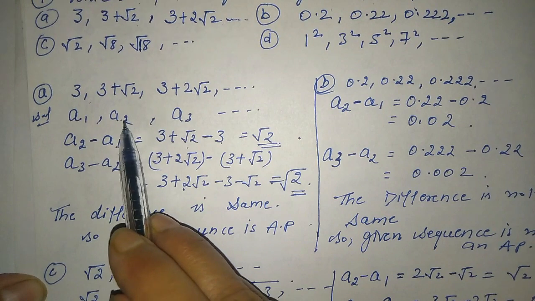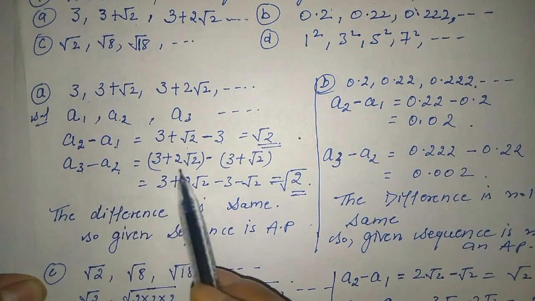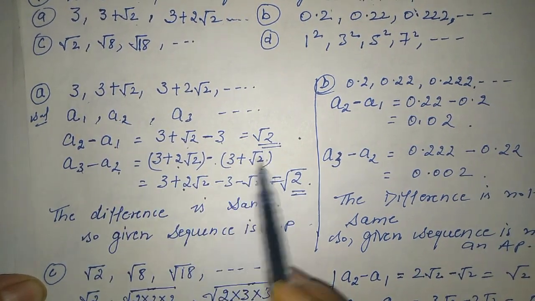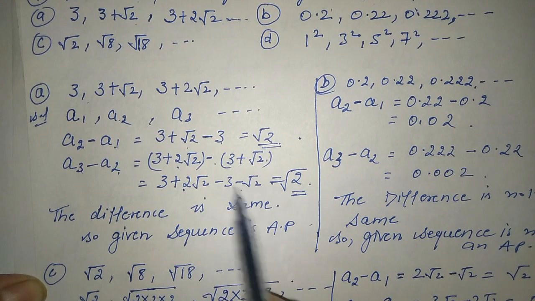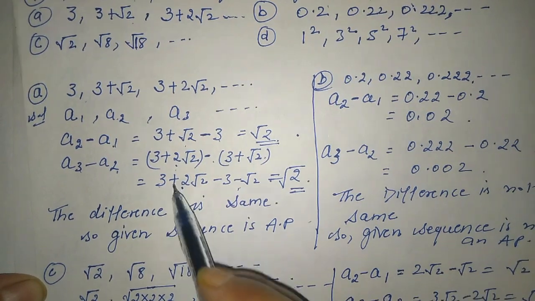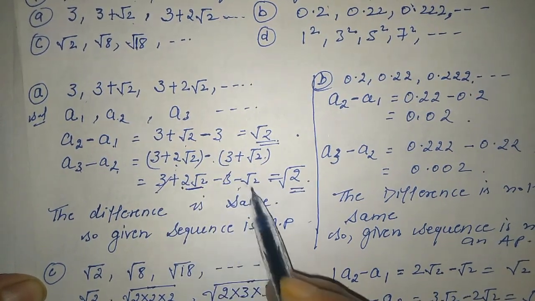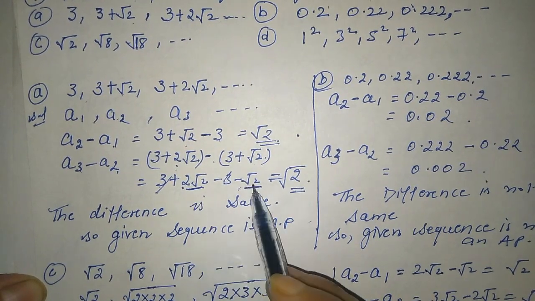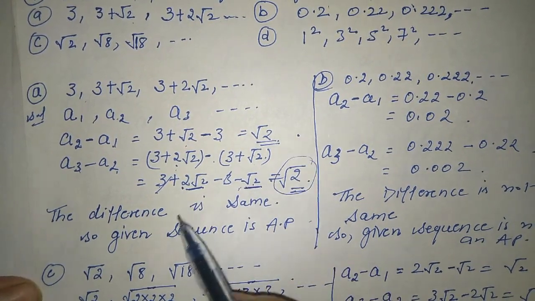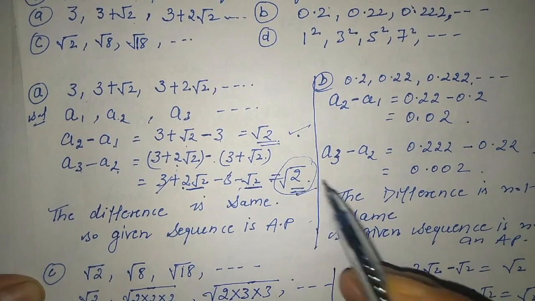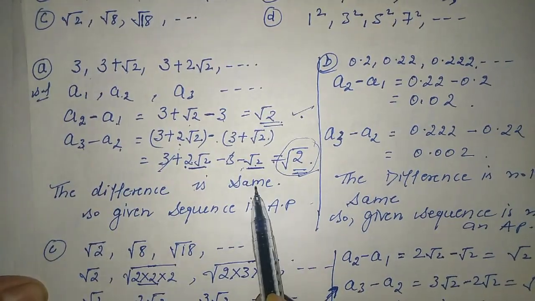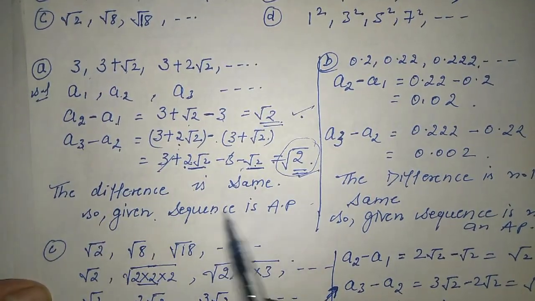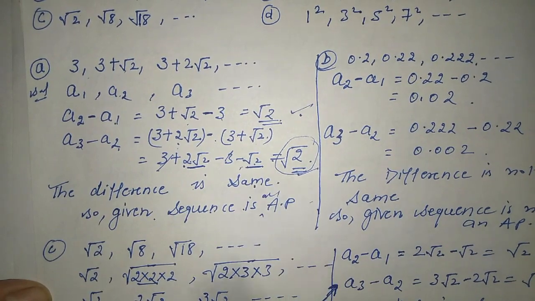Then third term minus second term, A3 minus A2: 3 plus 2 root 2 minus (3 plus root 2). When we open the bracket, the sign will change. This 3 can be cancelled out. 2 root 2 and minus root 2, so we'll subtract, we'll get here root 2. So root 2 getting, we can say the difference is same. So given sequence is an AP.